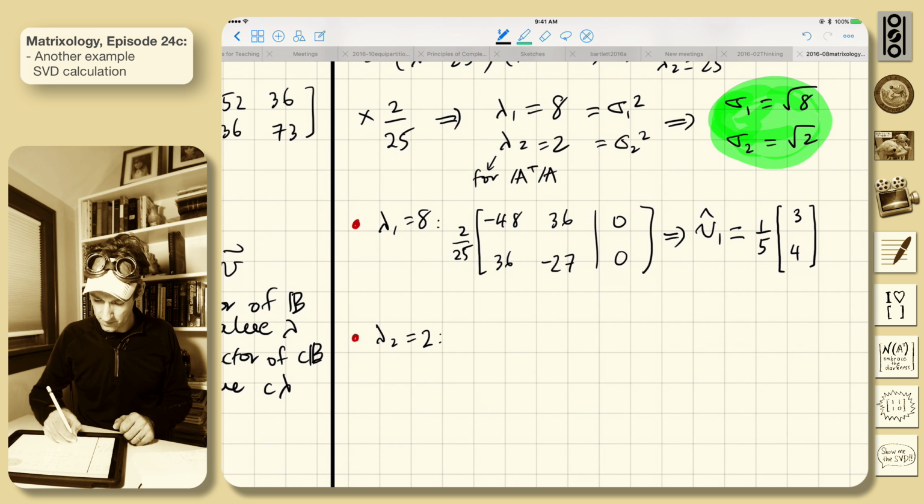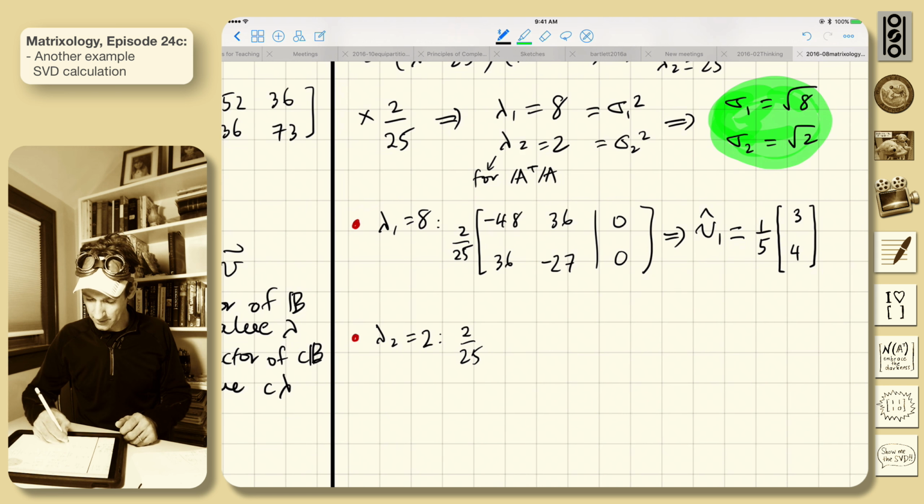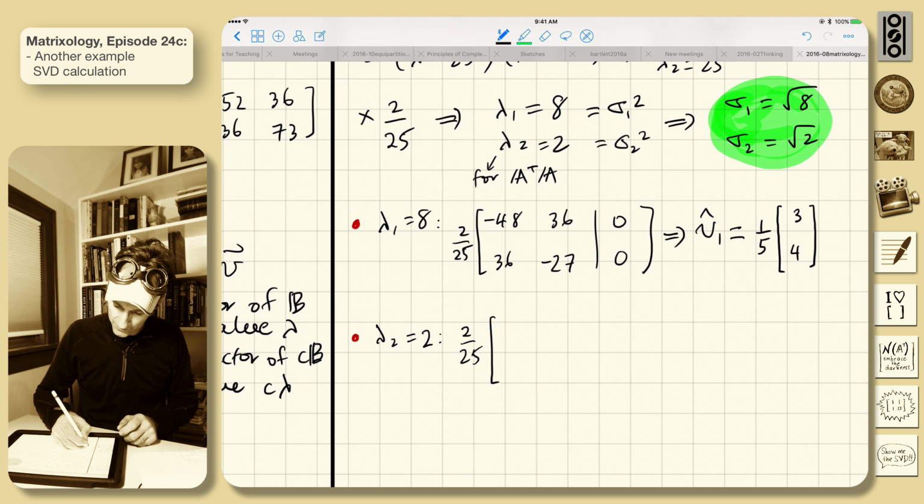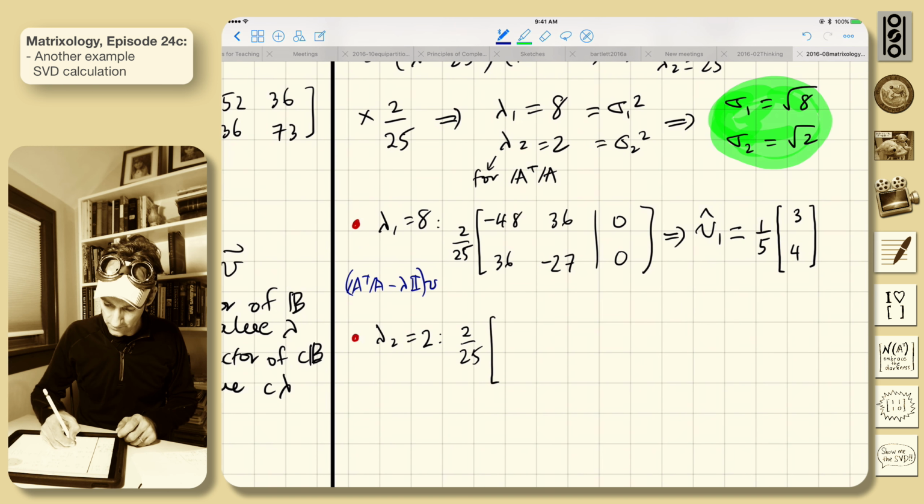equals 2. And if we go through and put everything in, we're trying to solve the null space equation. So this is really A transpose A minus lambda I times V equals 0. That's what we're doing here.